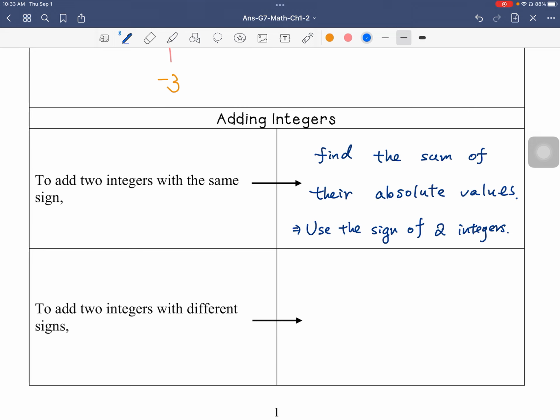And then to add two integers with different signs, we want to find the difference of their absolute values.